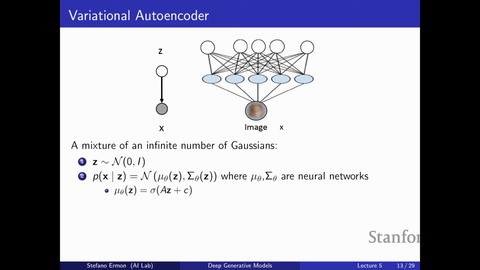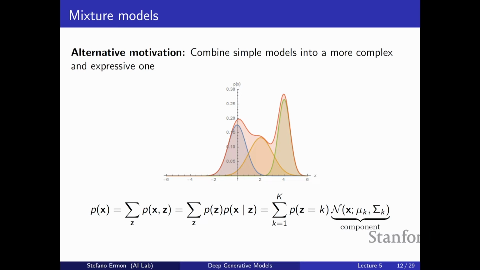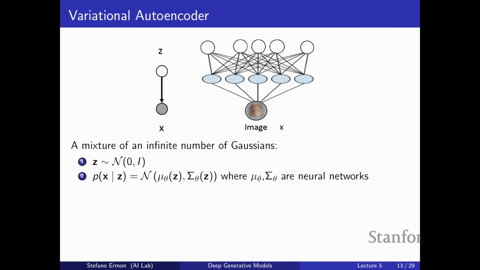And what we're giving up is that in this Gaussian mixture model case, we were able to choose the mean and the standard deviations of these Gaussians any way we wanted, because you basically have a lookup table, and so you have complete flexibility in choosing the mean and the standard deviation of the Gaussians. In the VAE world, the means and the standard deviations of all these Gaussians are not arbitrary.